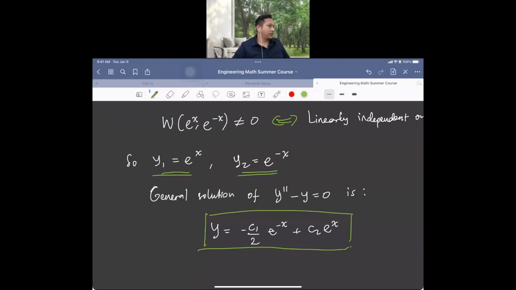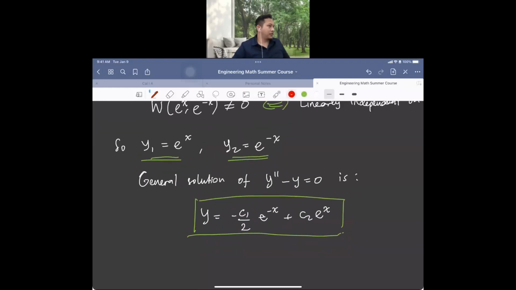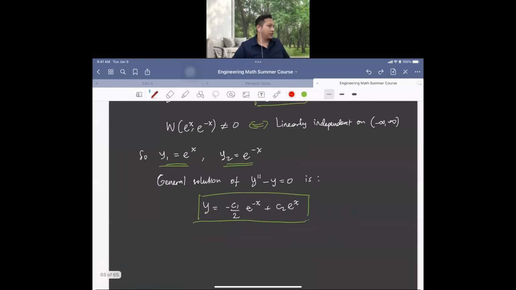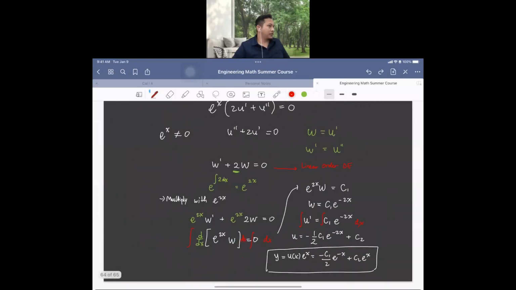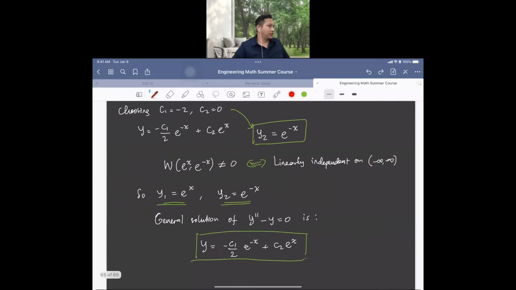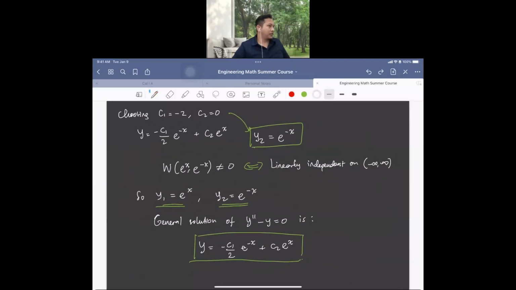So this is the general solution. With certain constants, we get y1 and y2. Because you see that y1 and y2 are here, right? This is y2, this is y1. So that's why we call it the general solution, because it contains these two solutions.